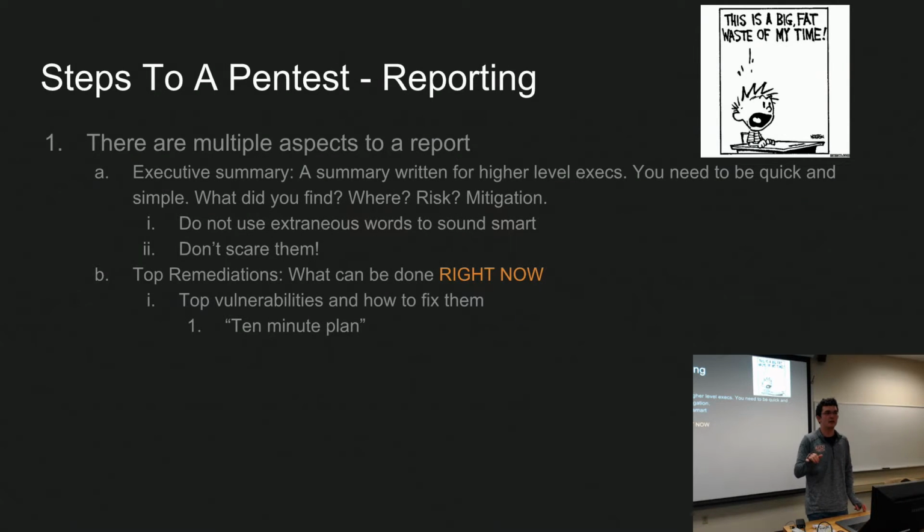Usually you have an executive summary, maybe something for more management, and then actually how you remediate these vulnerabilities. And you go through and you provide that, like your 5-minute plan, your 10-minute plan. That would be, once they get the report, what do you go in and fix right away? Like, if they had that PII, like they exposed Social Security numbers, tell them how to fix that. That is priority 1. You fix that right away.